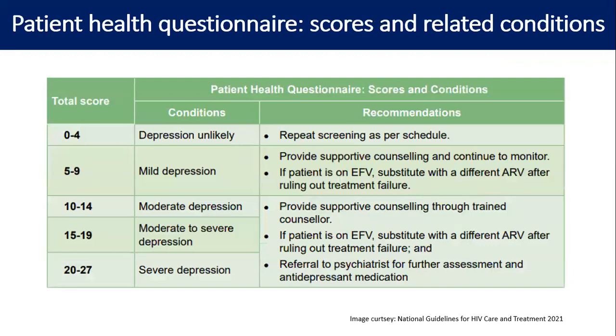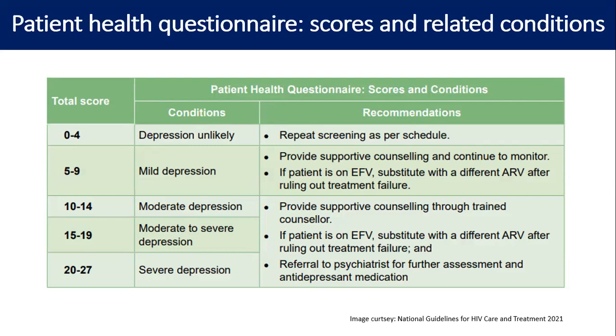A score of 0 to 4 means depression is unlikely. So we'll go for repeat screening every 6 months. Now, if the grading is 5 to 9, then possibly the patient is having mild depression, and we should provide supportive counseling, and we will continue to monitor the patient more frequently, that is once a month, at every visit.